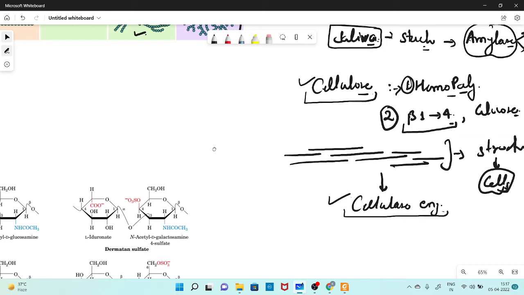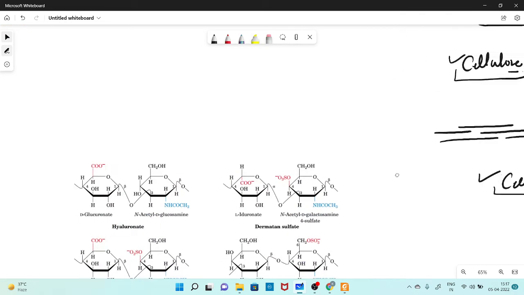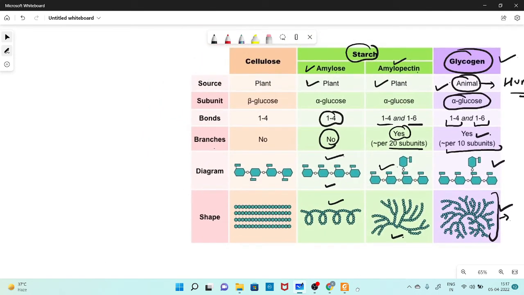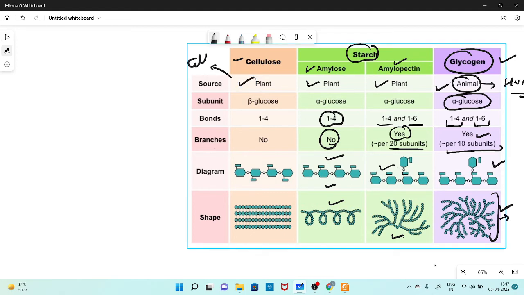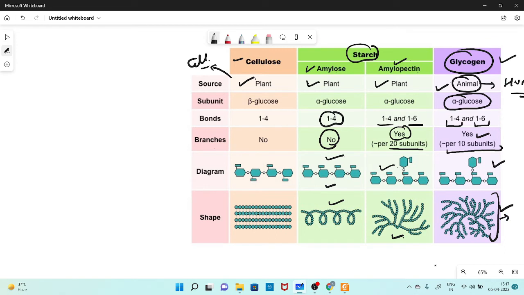Now let's talk about another type of polysaccharides, called heteropolysaccharides. But first, in the image I also have the cellulose one. Source is plant, present in the cell wall structure. Subunit is beta glucose. You also need to remember cellulose has beta glucose, while starch has alpha glucose.